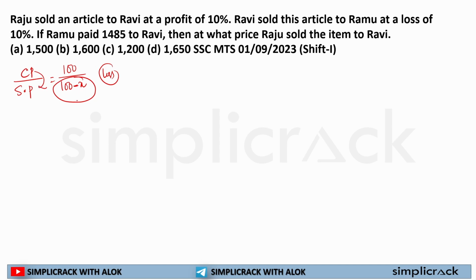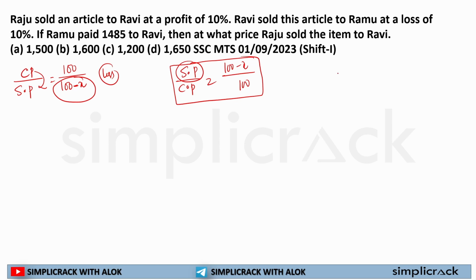So I will put a minus sign in case of loss. Now 100 and minus x will come in the numerator or denominator? If sales price is on the top, if it is written as sales price by cost price, then 100 minus x, because it is less than 100, will come on the upper side, on the sales price side. So you need to understand how this fraction works.